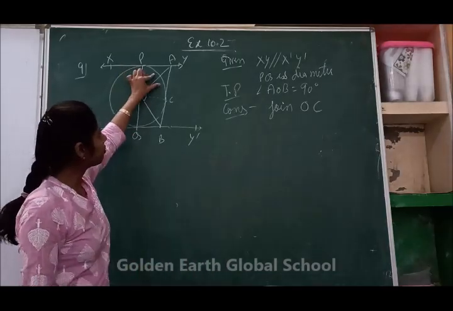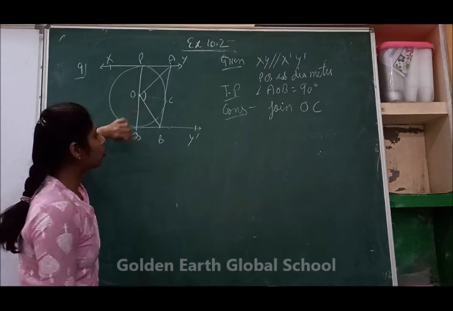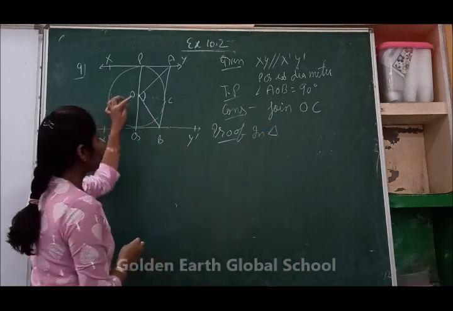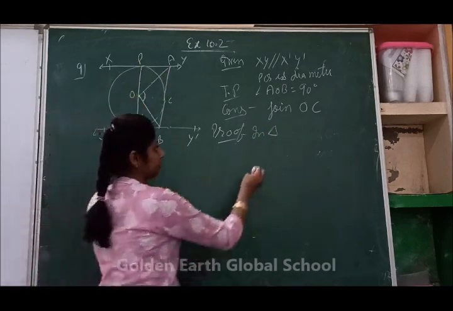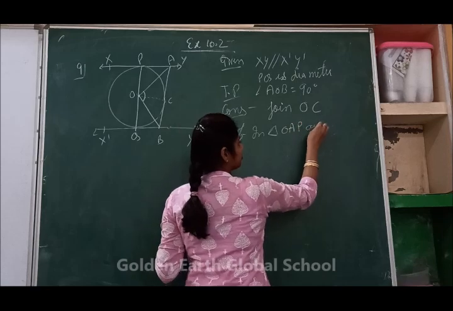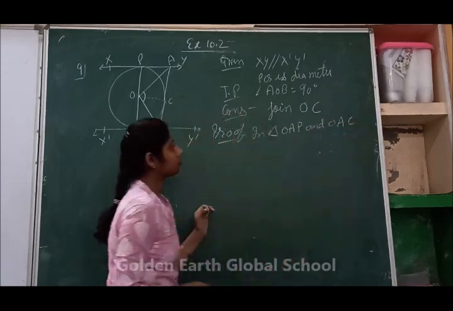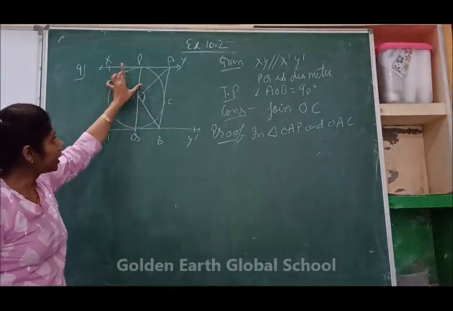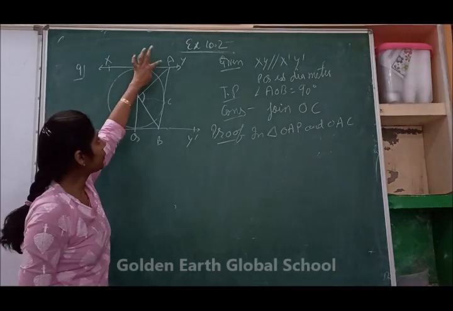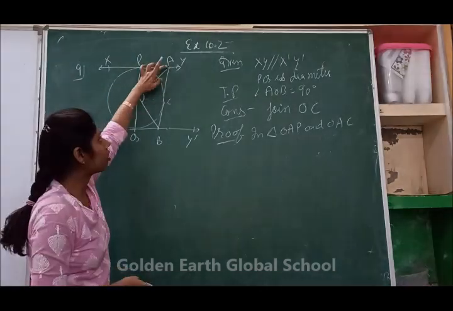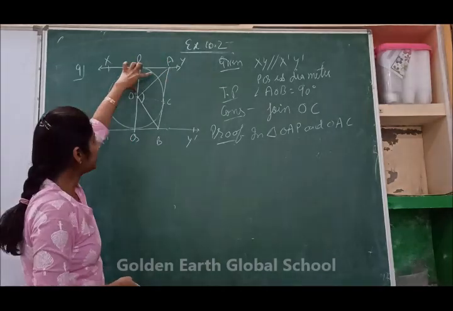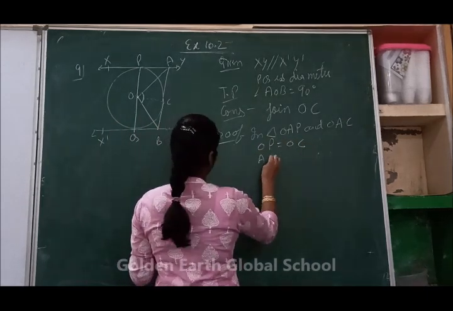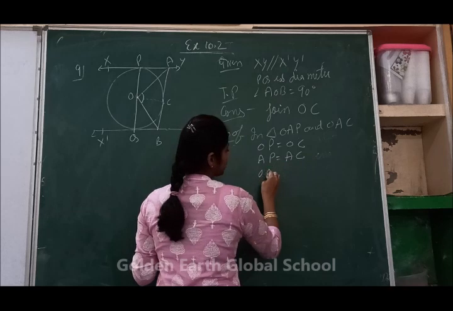First of all, you have to prove these two triangles are congruent. In triangle OAP and OAC, first condition is OP is equal to OC. Why? Because both are the radius of this circle. Second, PA is equal to PC, length of tangent drawn from the external point A. Third condition is OA common.